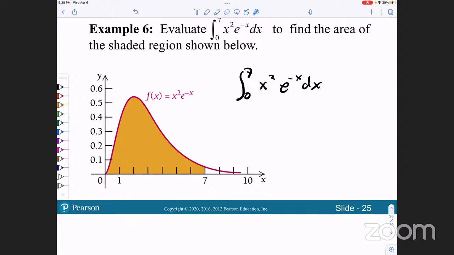Because if you take the derivative, it's going to be itself times negative 1. So you got to divide by negative 1. So if this is your u, when you take the derivative, it's going to go from a power 2 to a power 1, but then you're going to have to do integration by parts again. It looks like you're going to have to do integration by parts twice.